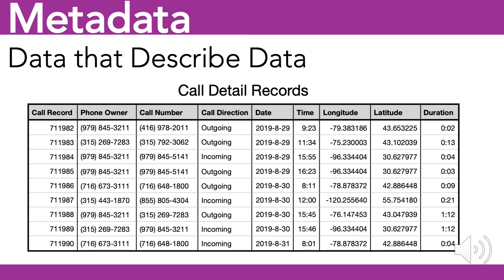Now, of note, the content of the call, that is, what the folks on the phone actually talked about, is missing, right? These are data about the phone calls, not the phone calls themselves, right? The term meta is stuff about the thing.